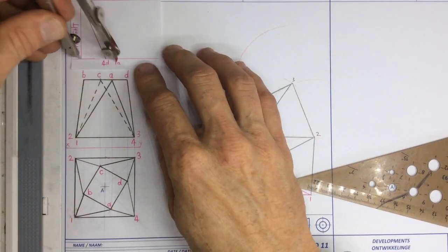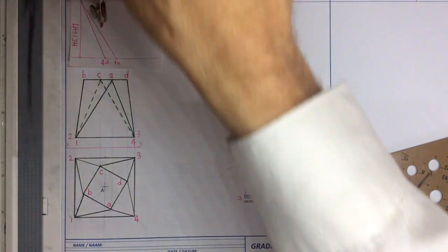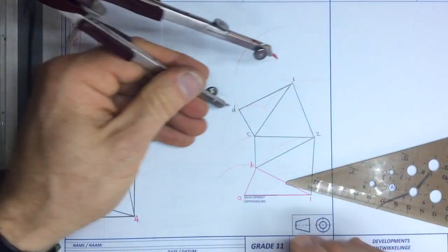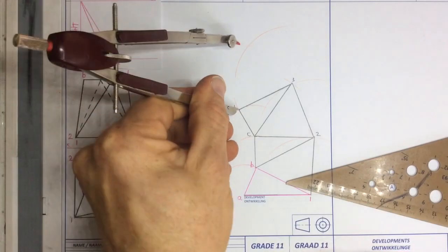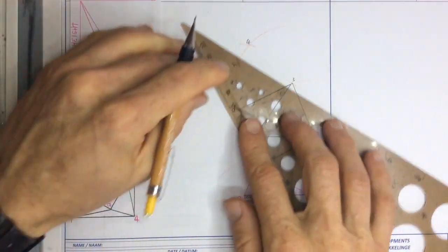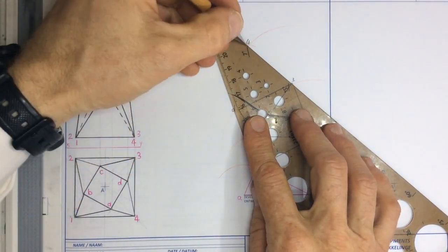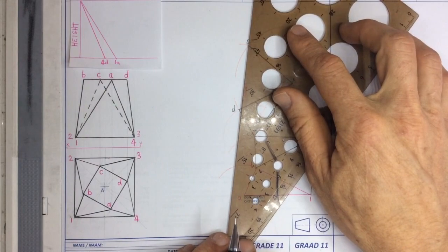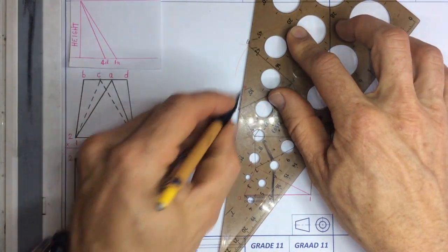Take it to my graph, mark it off, get the true length distance off the graph. Go to D, mark off where 4 is. There's 4. Draw the line in. And draw the line in.